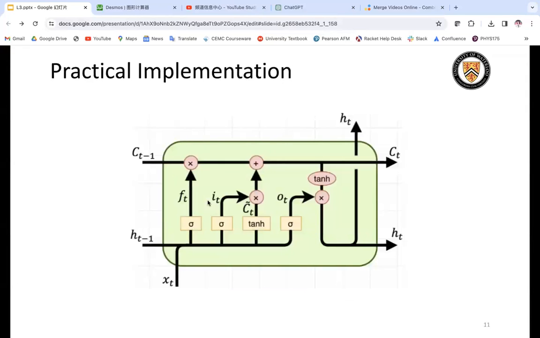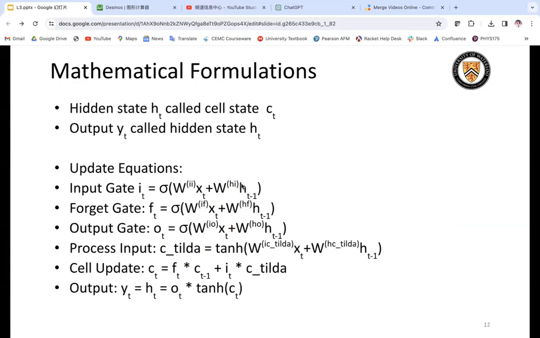Now we will look at some practical implementation of LSTM. So here we have CT, HT-1, HT, and some input XT. And we have various functions such as FT, IT, C hat T, and OT. Here, the hidden state is called cell state CT. The output YT is called hidden state HT.